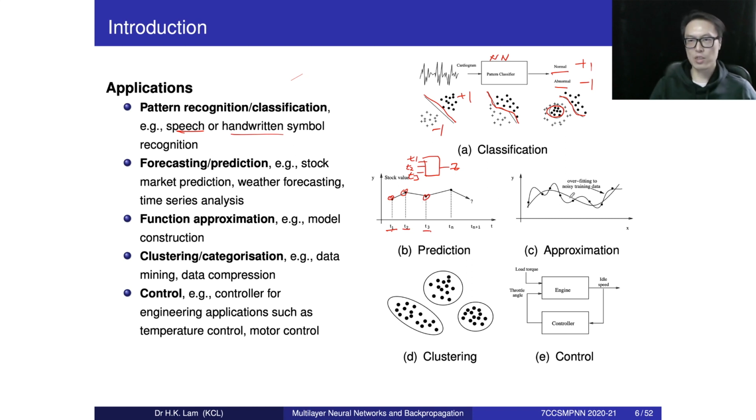Another similar application is mapping, or function approximation. Now we have different dots: when the input is x1, we have y1, this value right here; for x2, y2.